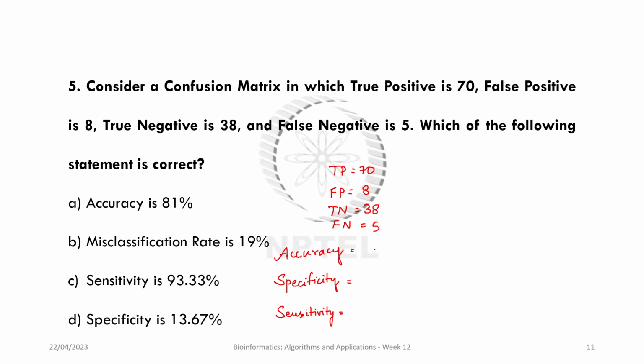accuracy is given by true positives plus true negatives, right? Divided by all of these: true positive, true negative, false positive, false negative.